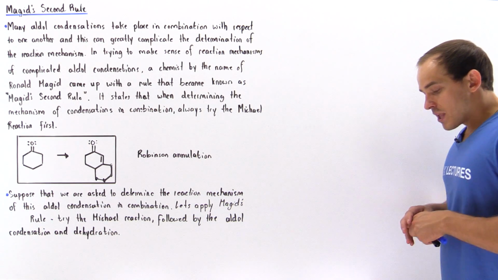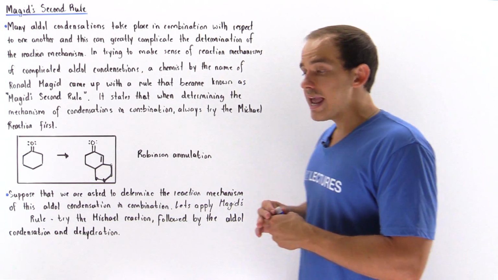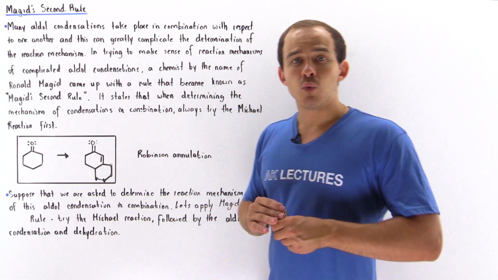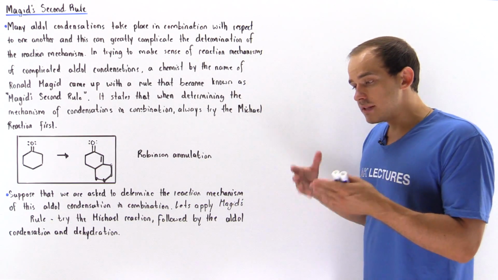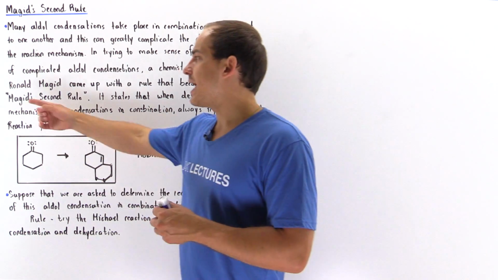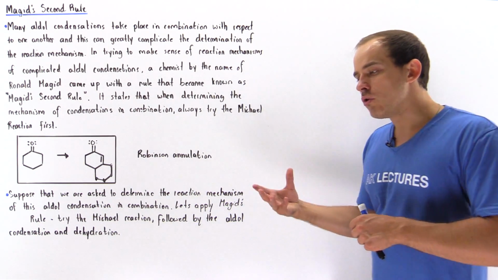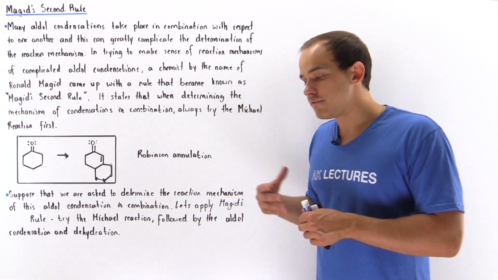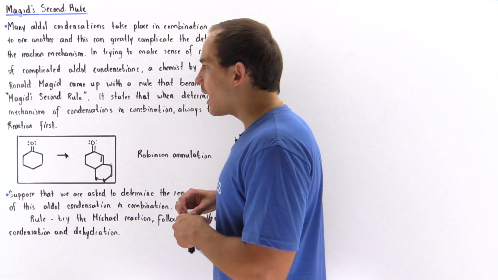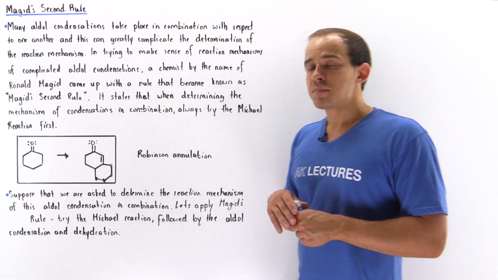So basically, a chemist by the name of Ronald Madgett came up with a rule. He came up with some advice that became known as Madgett's second rule. Now, this is less of a rule and more of advice, because a rule implies that this always works.